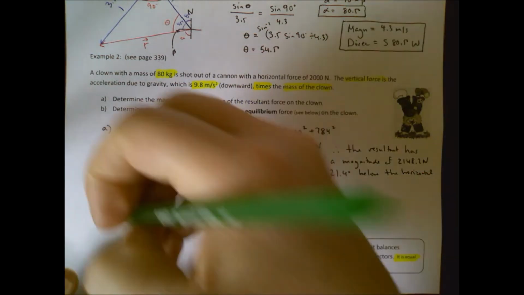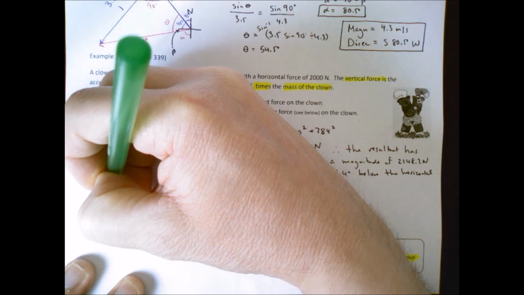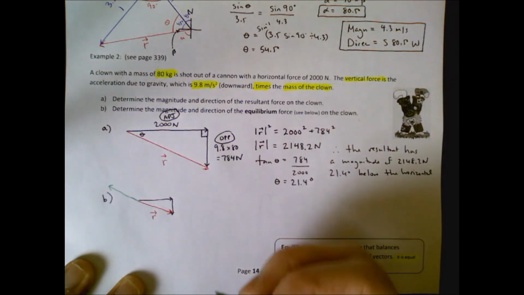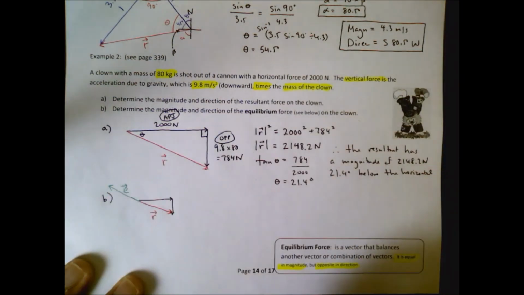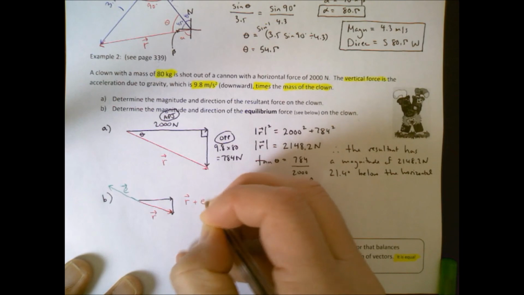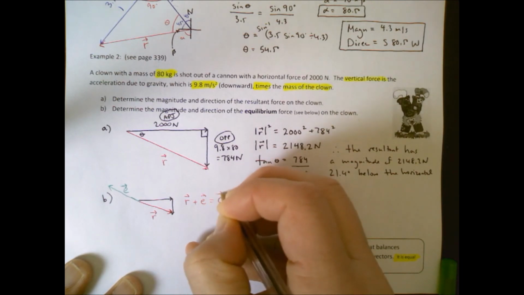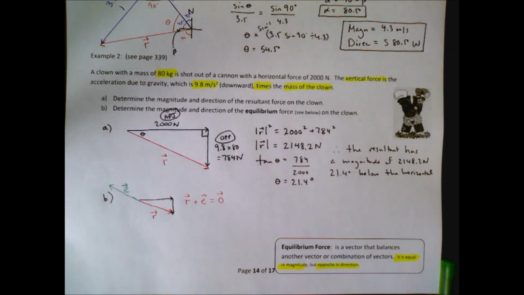So what I want is this guy here, and I'll call that vector E. And I know vector R plus vector E is equal to the zero vector, since they are the same magnitude but opposite direction.